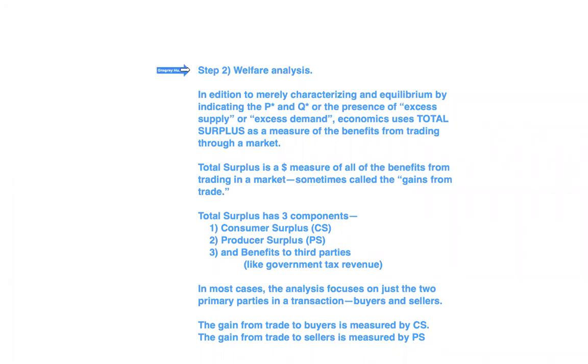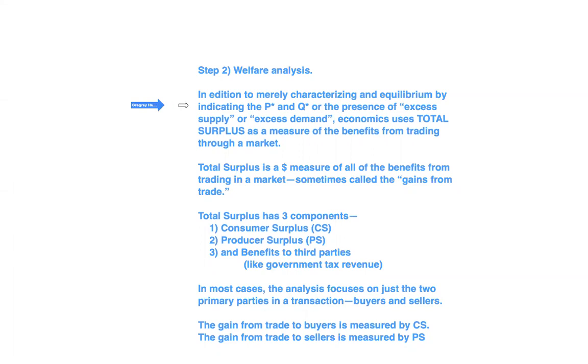Now, to distinguish it from what we've been doing before, we're not merely characterizing the equilibrium. Characterizing the equilibrium is our step one, where we find a price and a quantity, for example, that would result from a competitive market equilibrium.